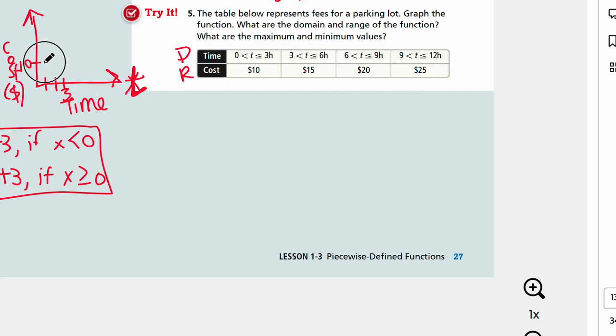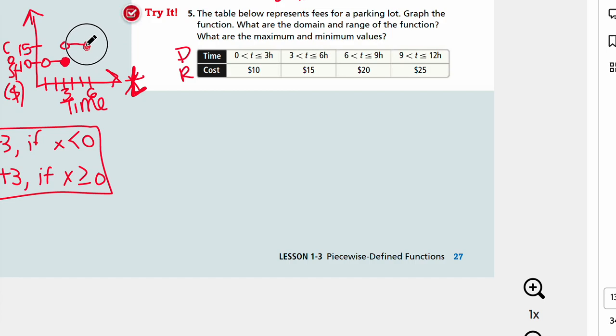And so from here, here, here, and we can put the empty circle and then a closed circle here, make it obvious. And then from 3 to 4, 5, 6, we have a cost of 15, not including 3, because when it's exactly 3, we're paying $10.